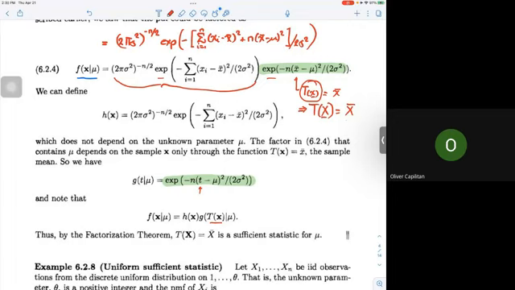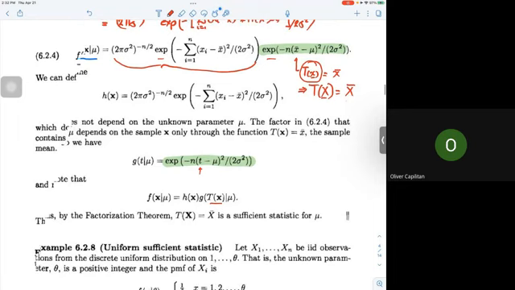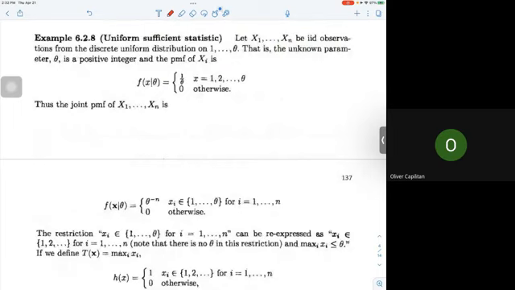Okay, guys? So it is easier to use the factorization theorem. Let's have another example.